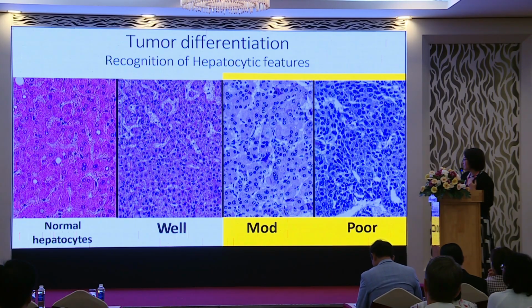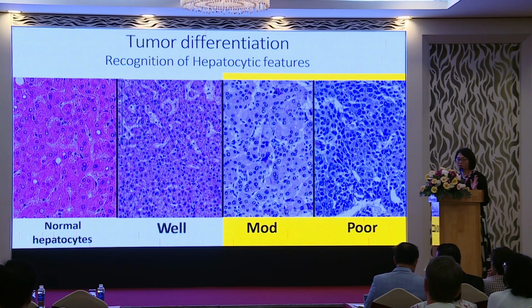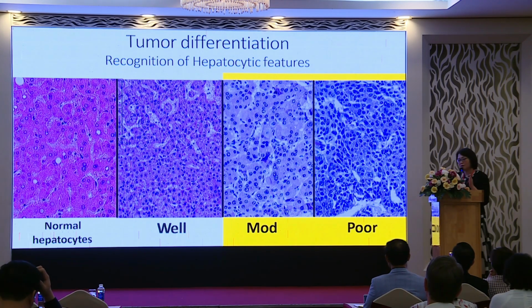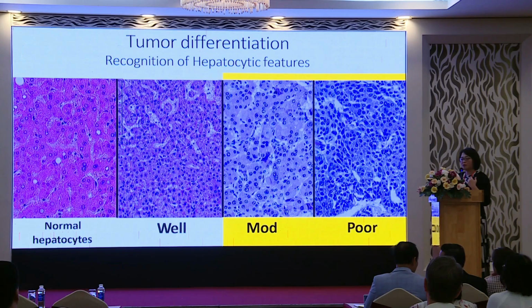However, moderate or poorly differentiated HCC do present vascular invasion, which means that the tumor is more aggressive and can metastasize easily. That's why when we make a diagnosis of HCC, we have to make sure whether this tumor is well differentiated or moderate or poorly differentiated. So that distinction is crucial.